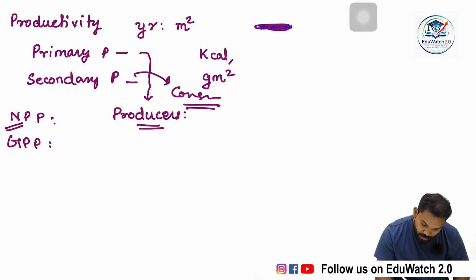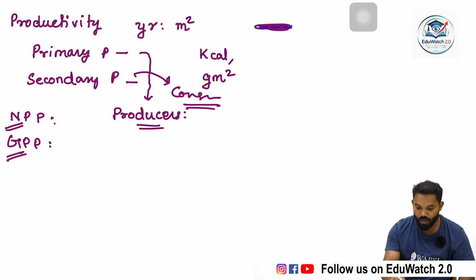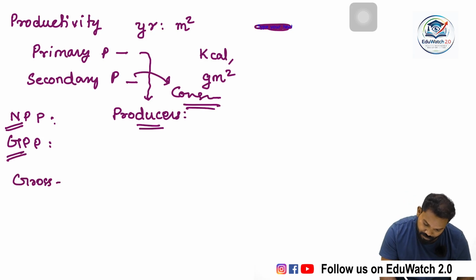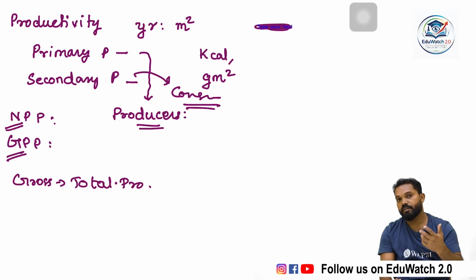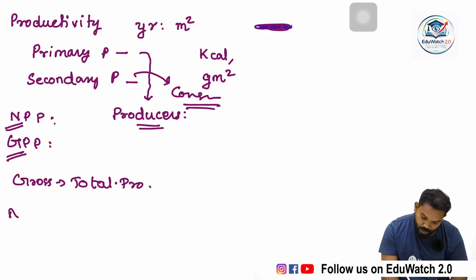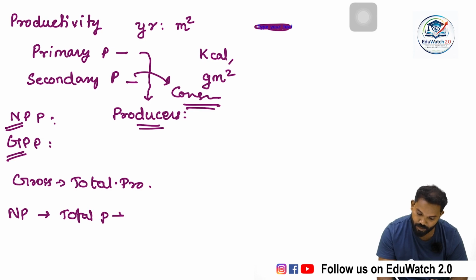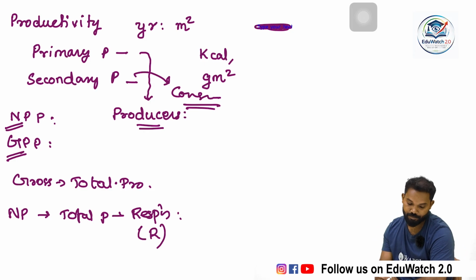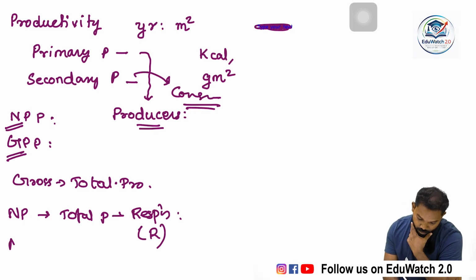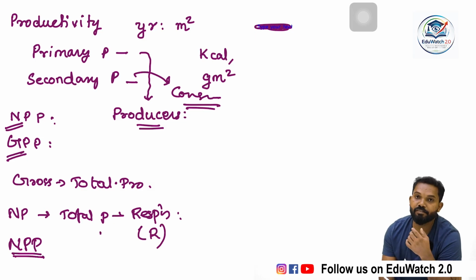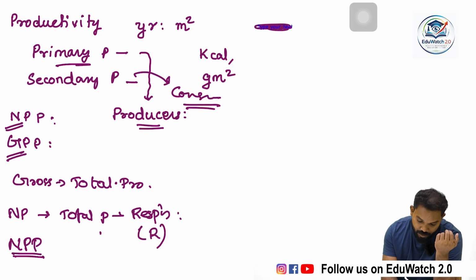Then what is net productivity, then gross productivity? Gross production means the total production per unit time, per unit area. Net productivity means the total production minus the usage. In the case of an organism, the respiratory loss, the letter R. So net primary productivity means the total production minus respiratory loss at the producer level.